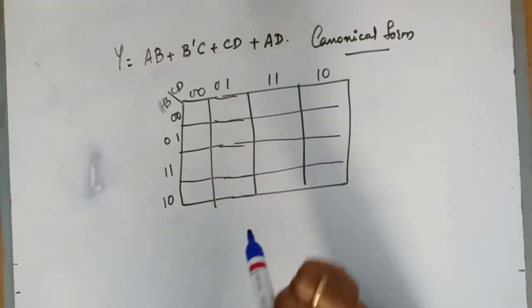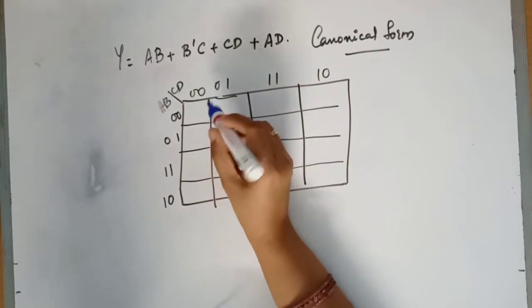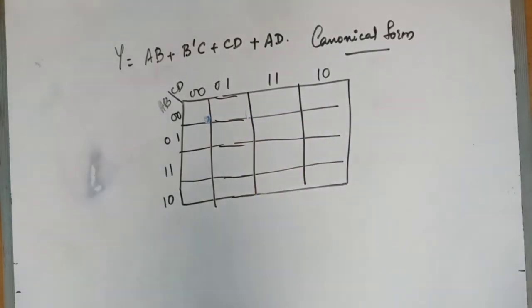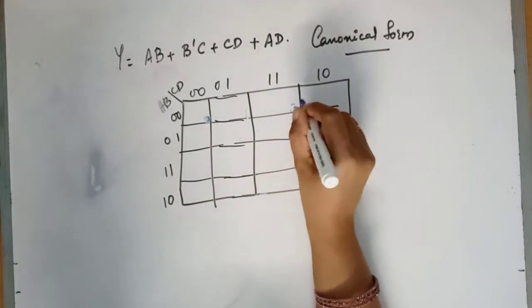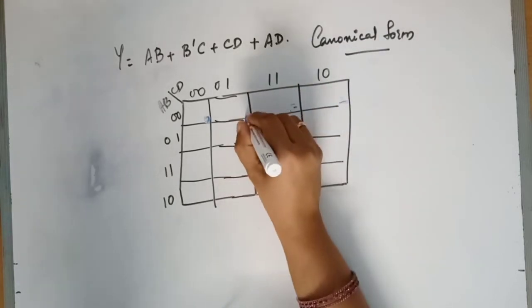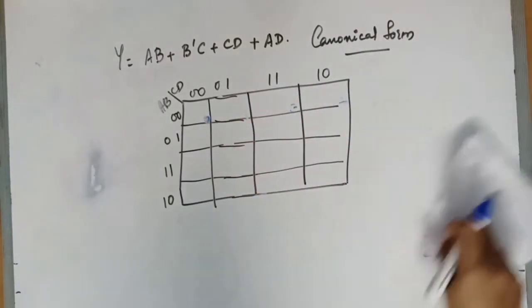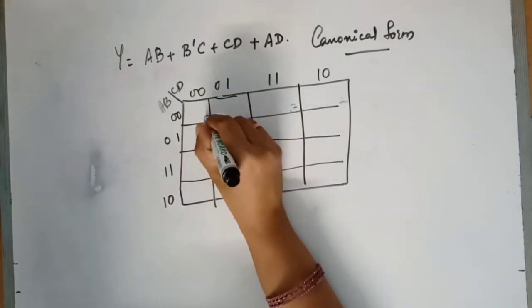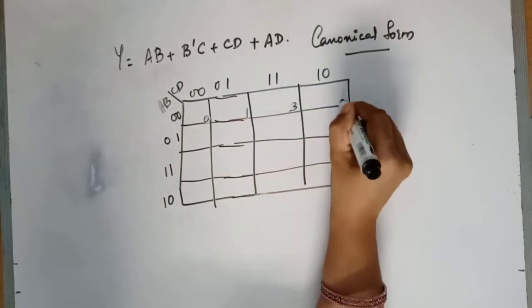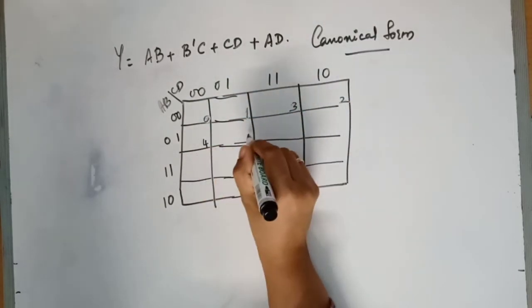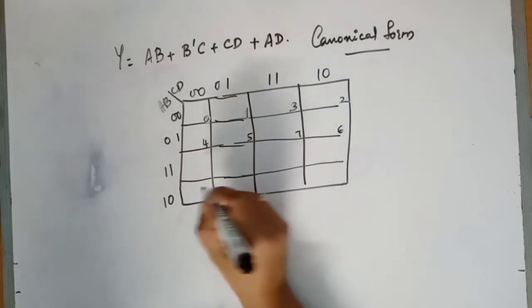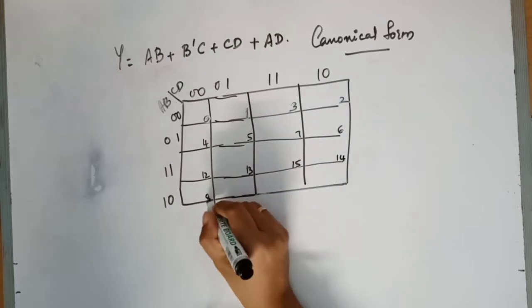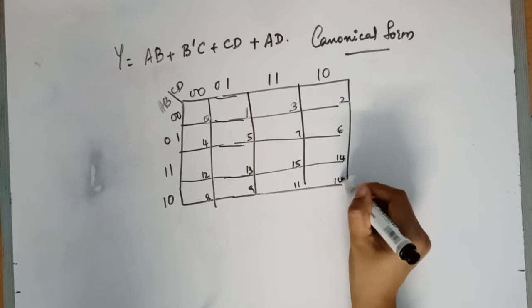First we'll write the cell numbers: 0, 1, 3, 2, 4, 5, 7, 6, 12, 13, 15, 14, 8, 9, 11, 10.